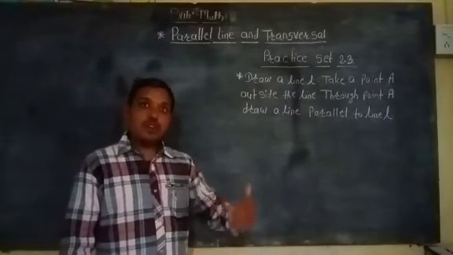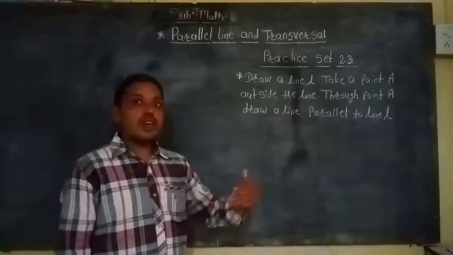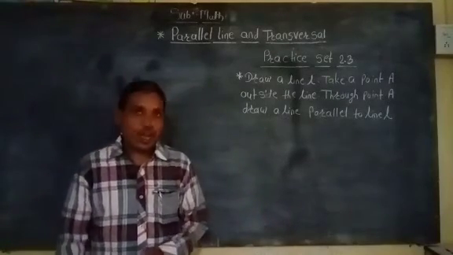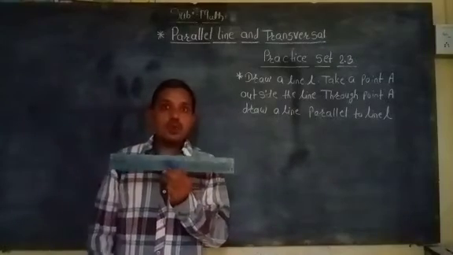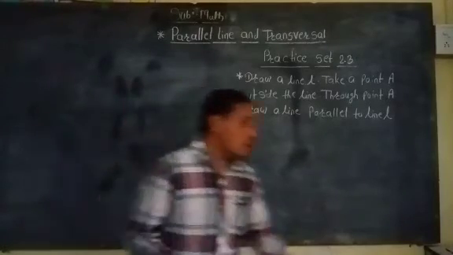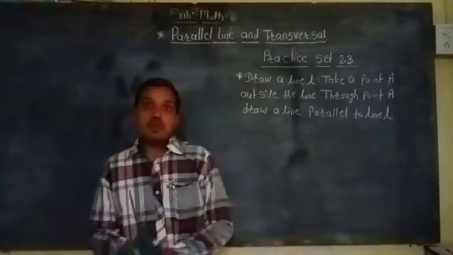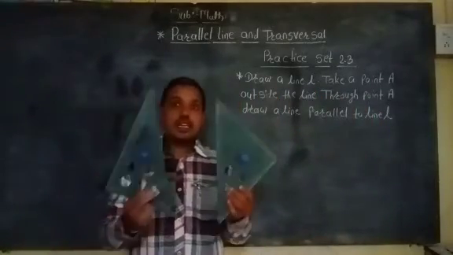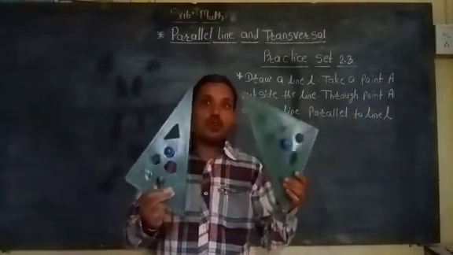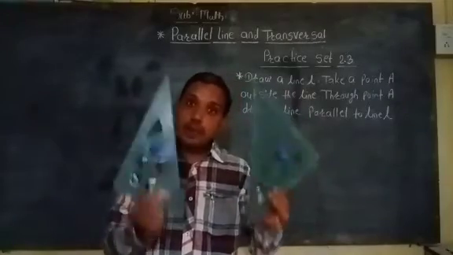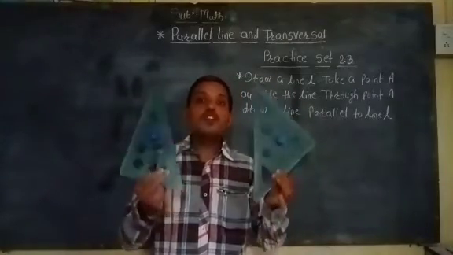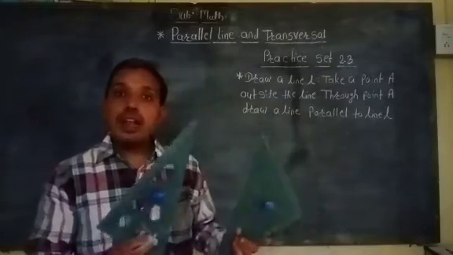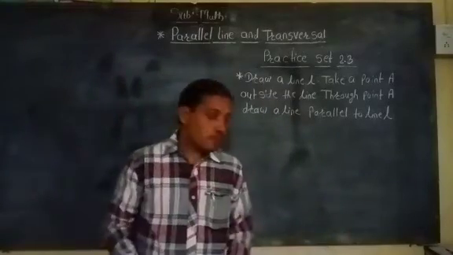We use some geometrical construction material: one scale and the two set squares given in your compass box. Using them we can easily draw parallel lines.